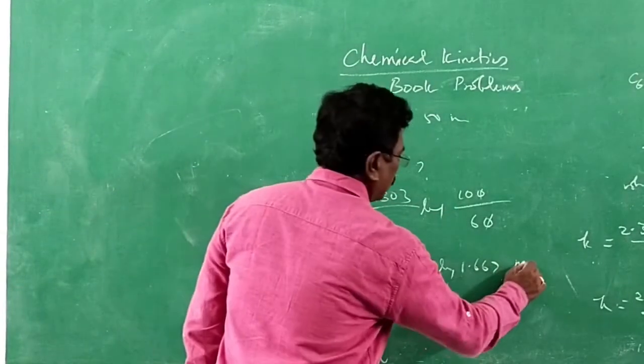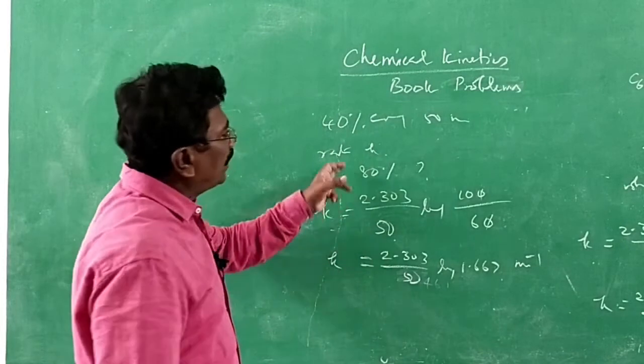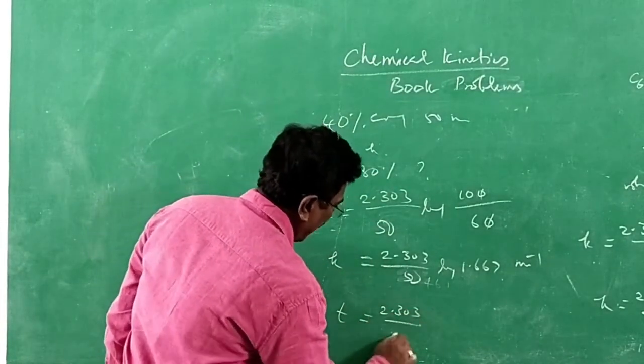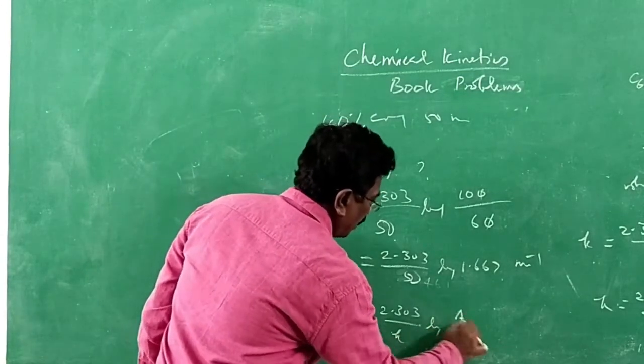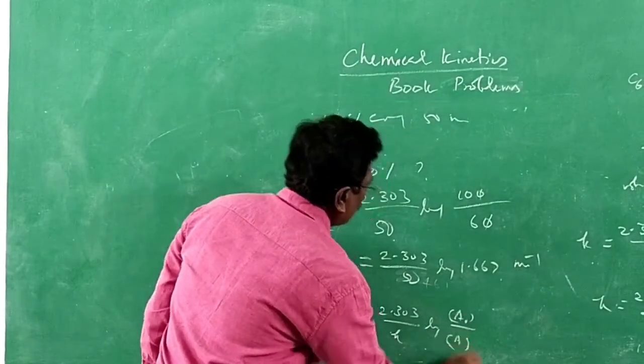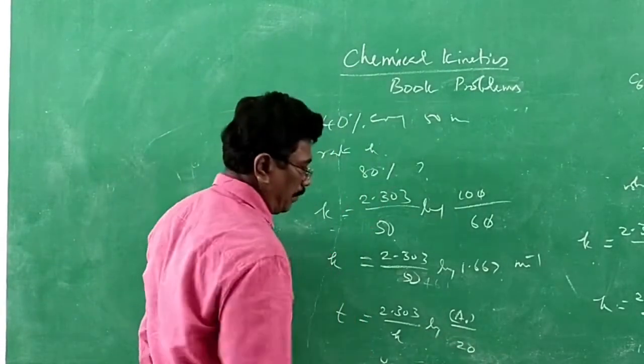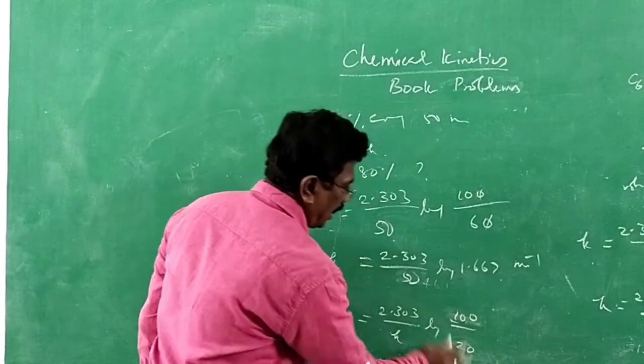Minute inverse. Now, the time required for 80% completion. t is equal to 2.303 by k log a naught by a. 80% completion means remaining 20. Here 100, log 100 by 20.